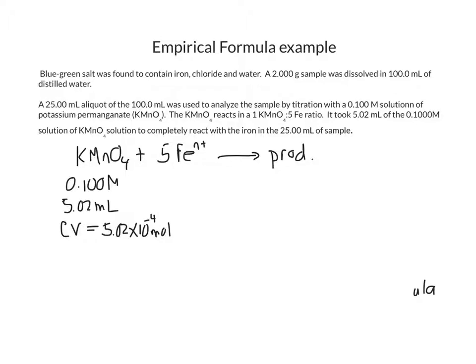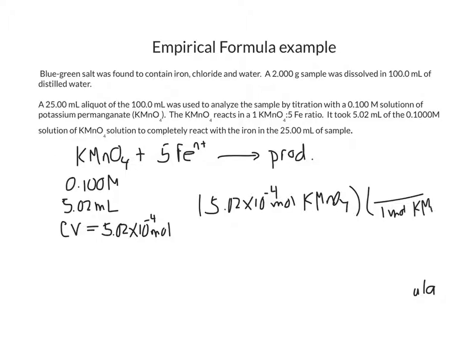So if I have 5.02 times 10 to the minus 4 moles of the potassium permanganate, and I know that each 1 mole of the potassium permanganate is equivalent to 5 moles of iron, I can multiply by 5, and I find that I have 2.51 times 10 to the minus 3 moles of iron that was in my original aliquot of the sample.